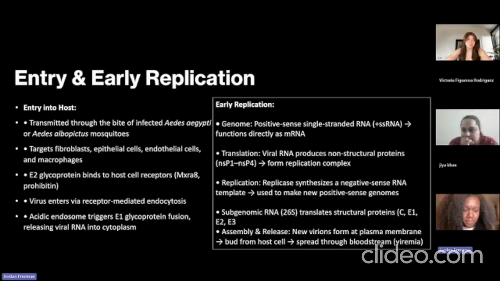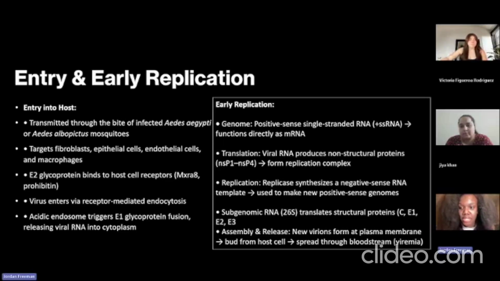So here is the early entry. When an infected mosquito bites a person, it injects the Chikungunya virus into the skin and then the bloodstream. The virus looks for certain cells like fibroblasts, which are found in the skin, muscles, and joints.